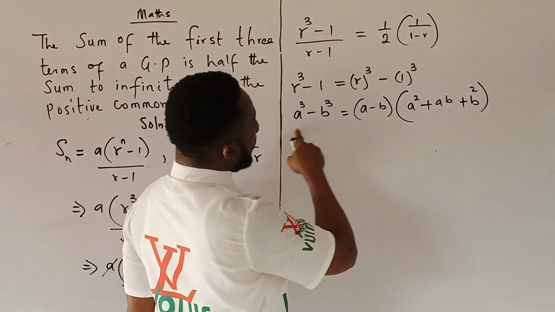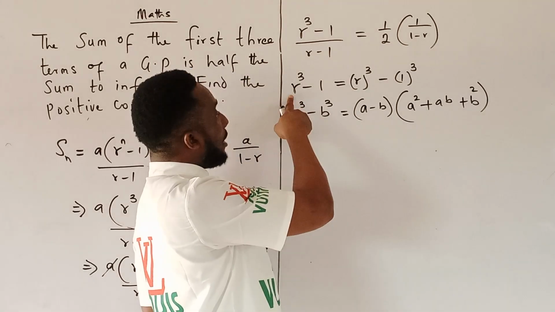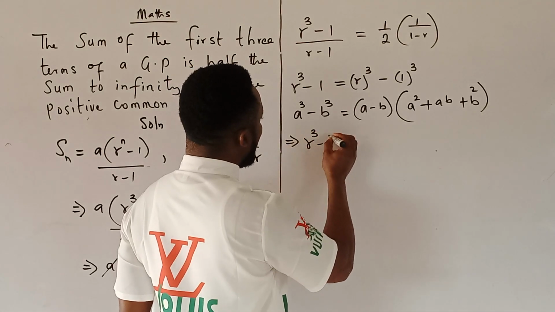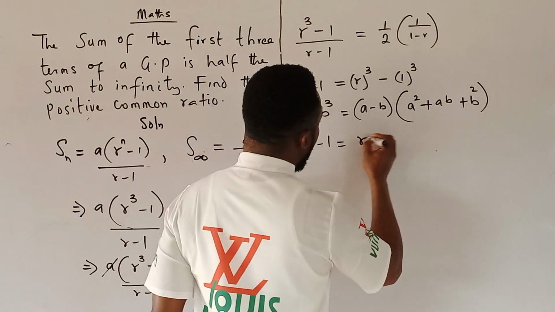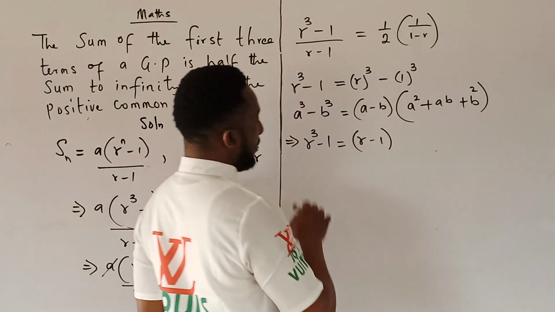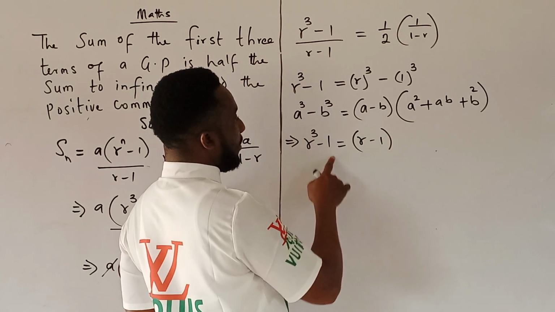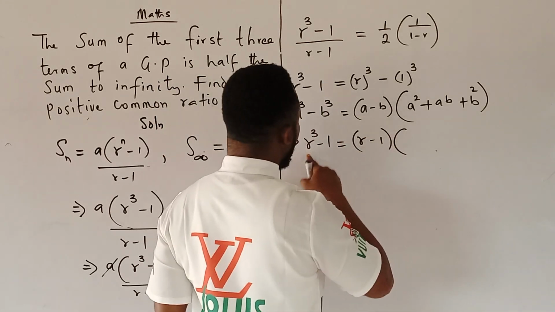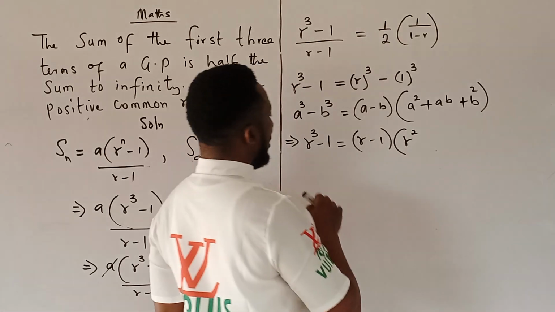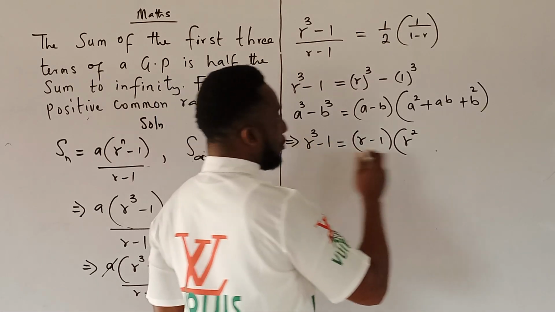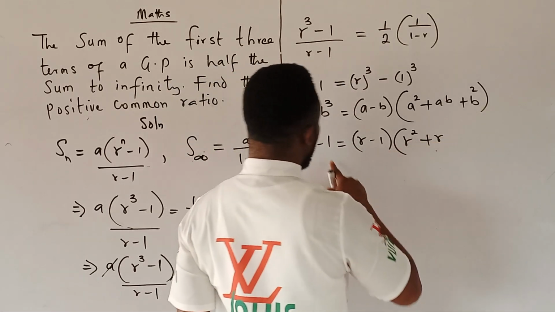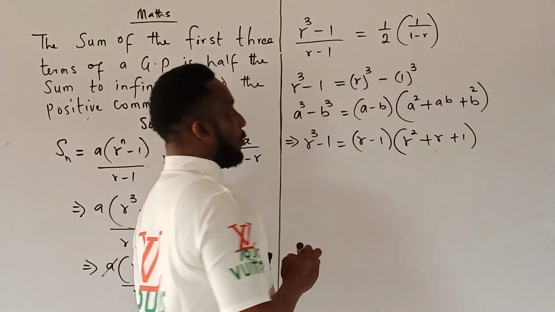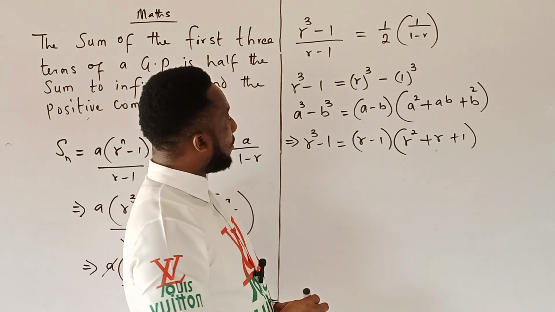Now, with this formula, we can factorize r cubed minus 1. So r cubed minus 1 equals (r minus 1), because r is a, b is 1, so a minus b is r minus 1. I will take r and square it, I will take r and multiply with 1, that will give me r, I will take 1 and square it, that will give me 1. So you can see we've done well.